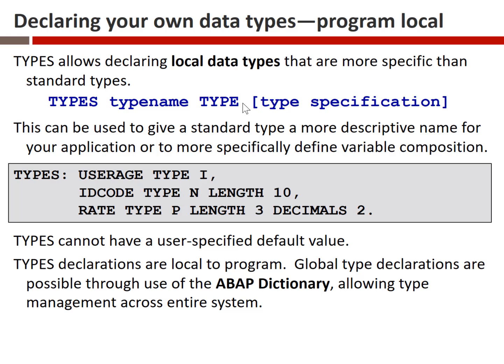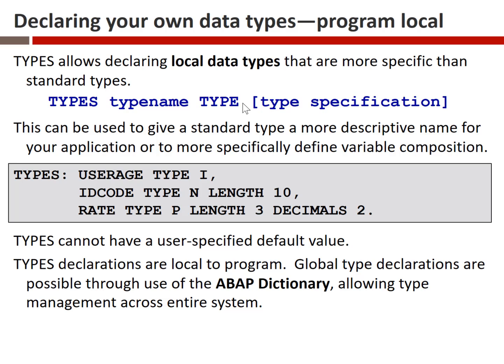As I mentioned at the outset here, these type declarations only exist within the sphere of the program that contains this source code. Global type declarations are possible, and we will use those before the semester is over, but those are created in the ABAP dictionary, and so we're going to have to learn how to do that because the process is totally different.